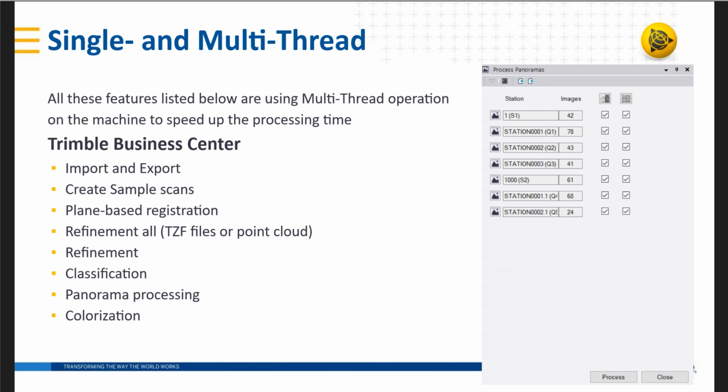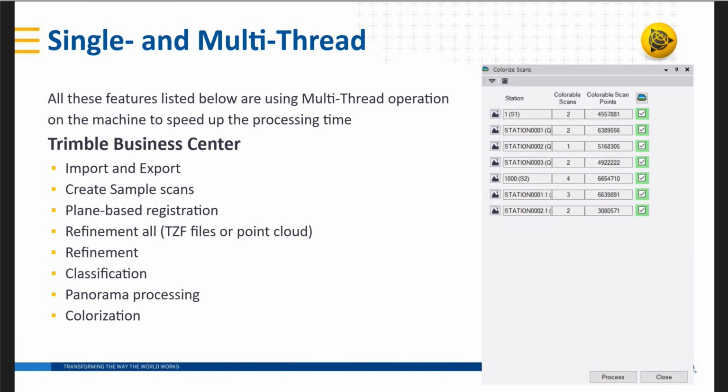If you have a data set from an SX10, for example, where you have captured images along with point clouds, these panoramas can be processed with the multi-thread operation as well. The last point would be the colorization of scans, which is also supporting multi-thread operation. All other operations are using the single thread.